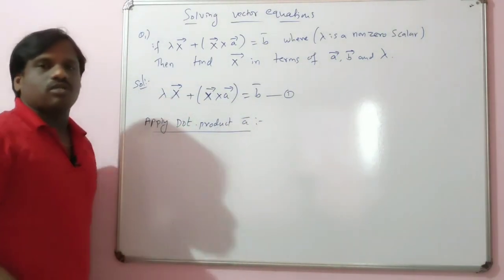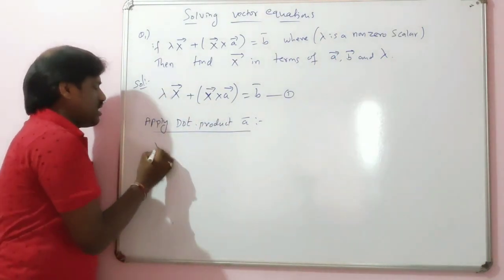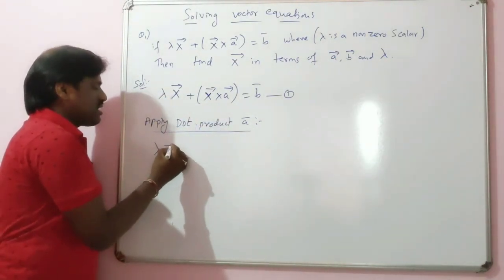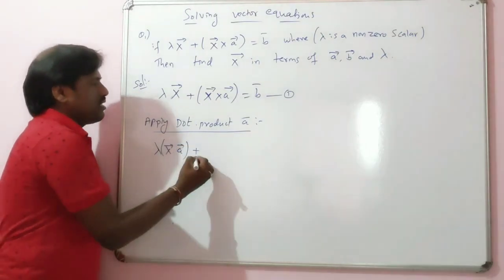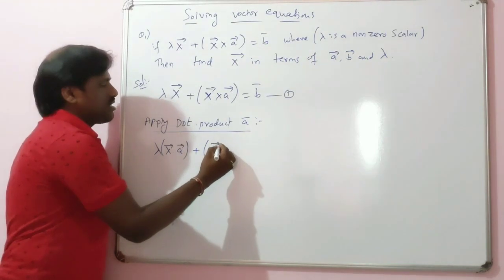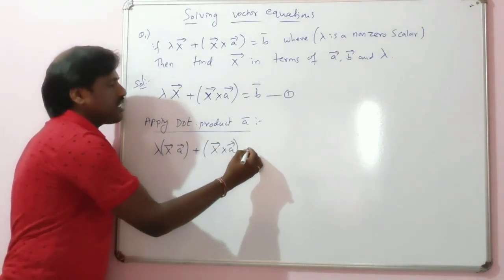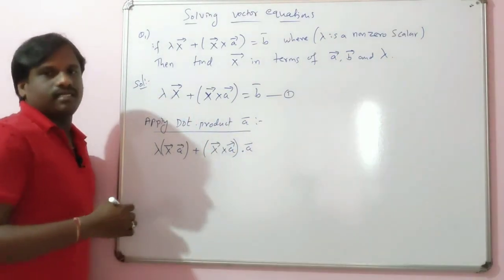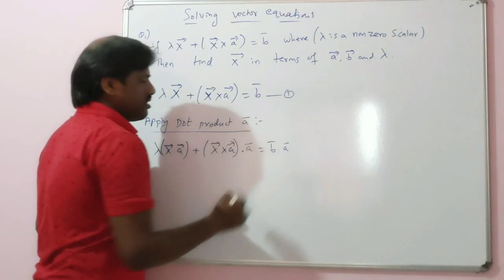So we are applying dot product with a. If I apply dot product, I am going to get lambda times x vector dot a vector, plus x vector cross a vector dot a vector, is equal to b vector dot a vector.